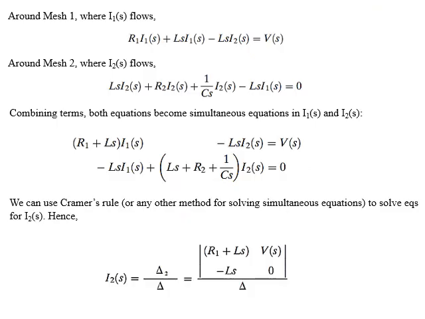Now we'll apply the fourth rule of analysis, which is to apply KVL around each mesh, assuming that the current of each mesh which we are going to analyze is higher than all other currents of the network. And with this, we'll have the first equation of the system.